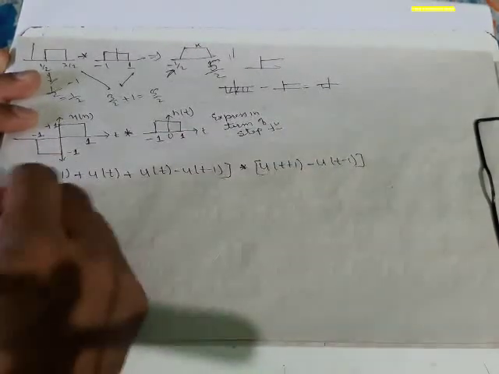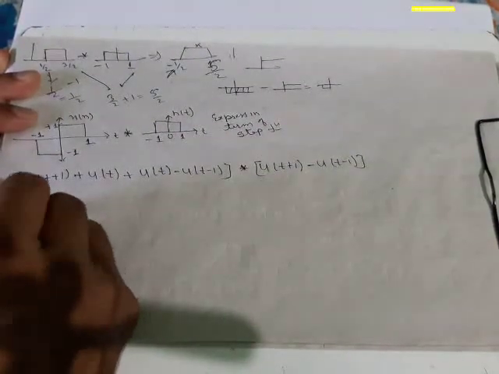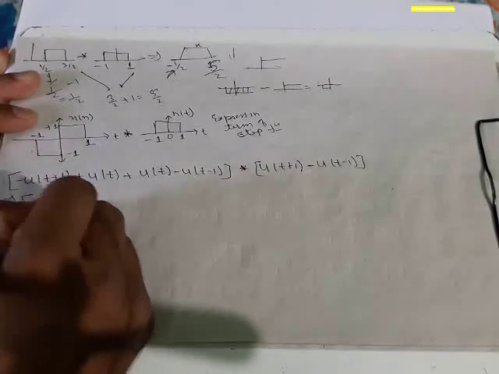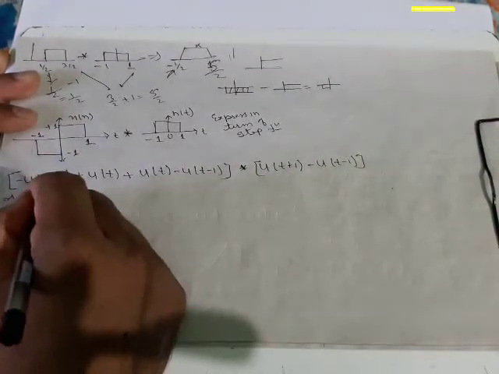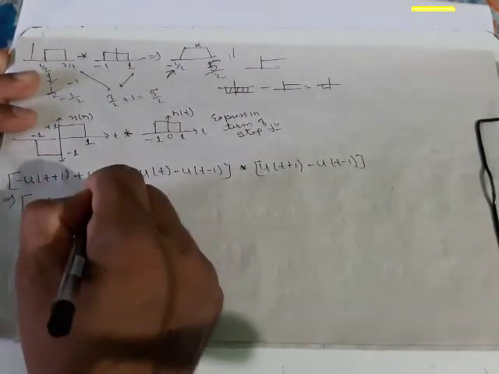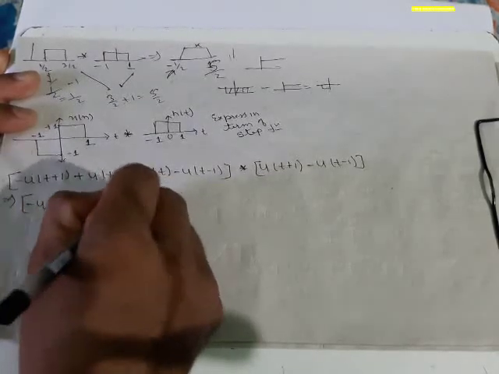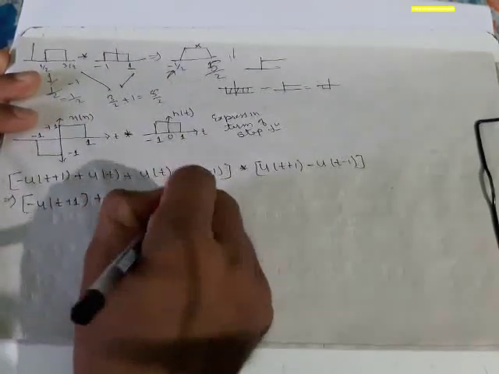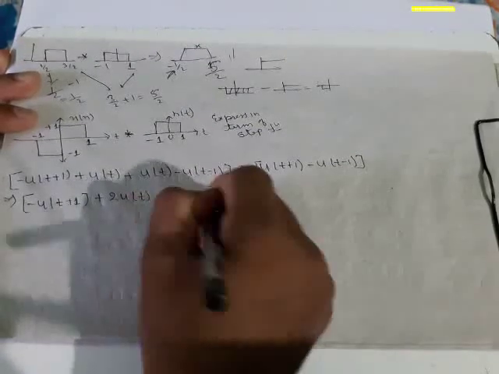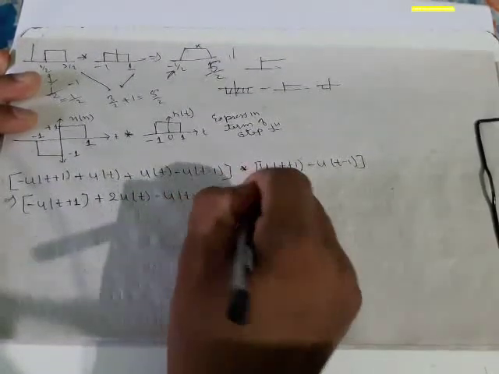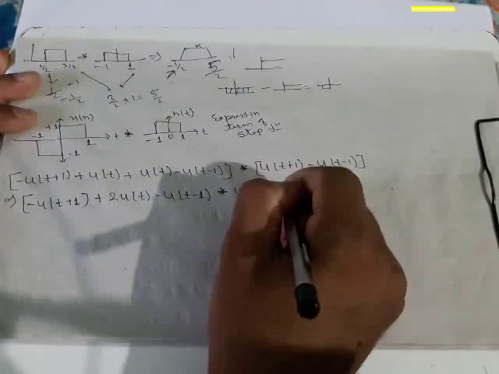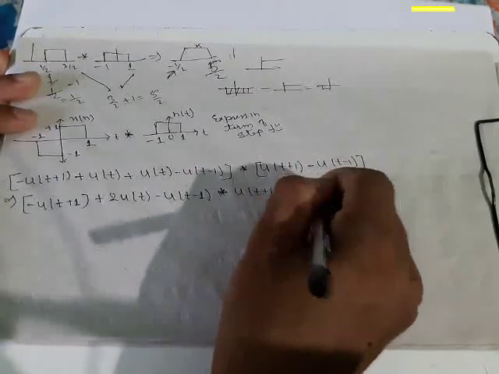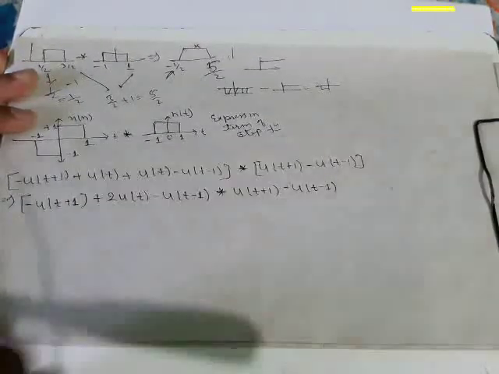So now draw. So it is minus, which means it is a negative slope from where, minus 2. So it is minus 2, so it is here till what, till minus 1. Then again, it's 2r, it means slope 2.